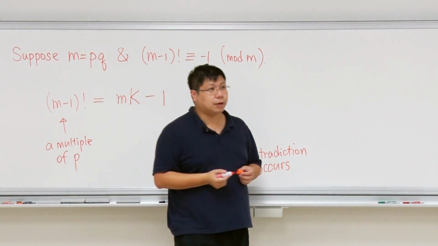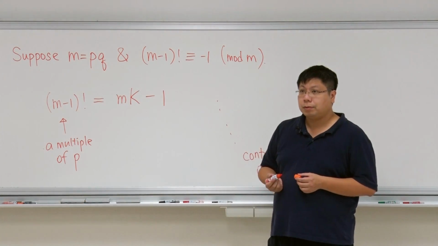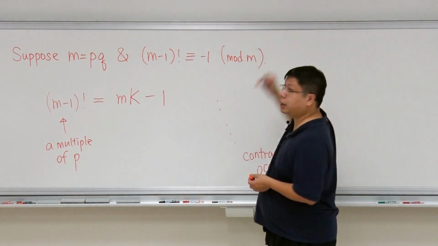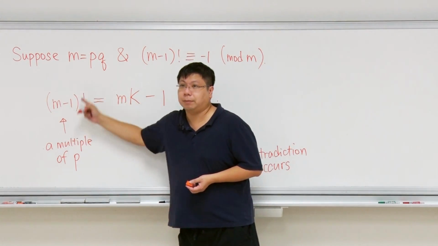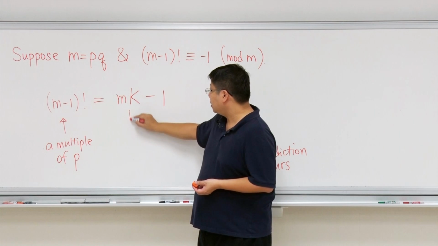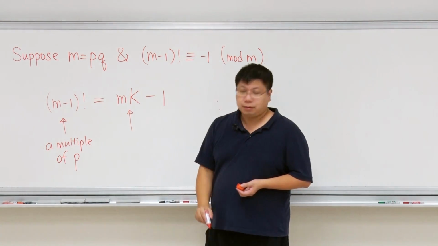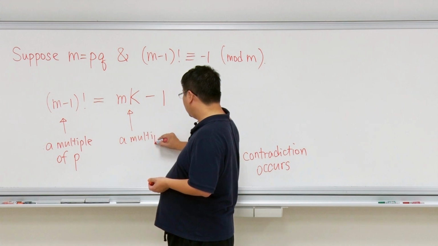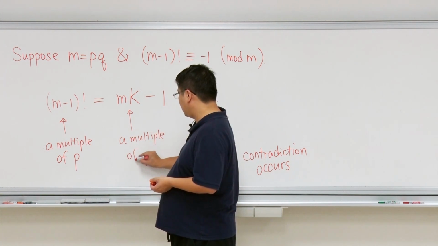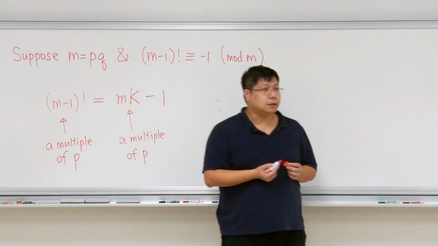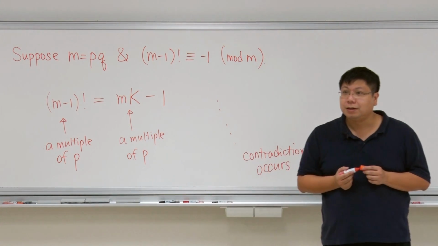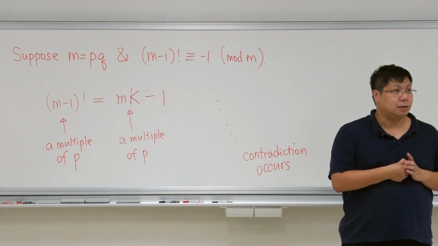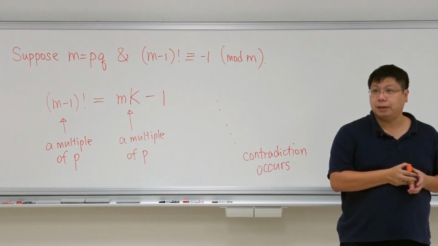P divides m minus 1 factorial, because p is a number between 1 and m minus 1, so it appears inside this number. Is that okay? And mk is also a multiple of p, right? Because m is equal to pq. m has p as a factor, so m times k is divisible by p.